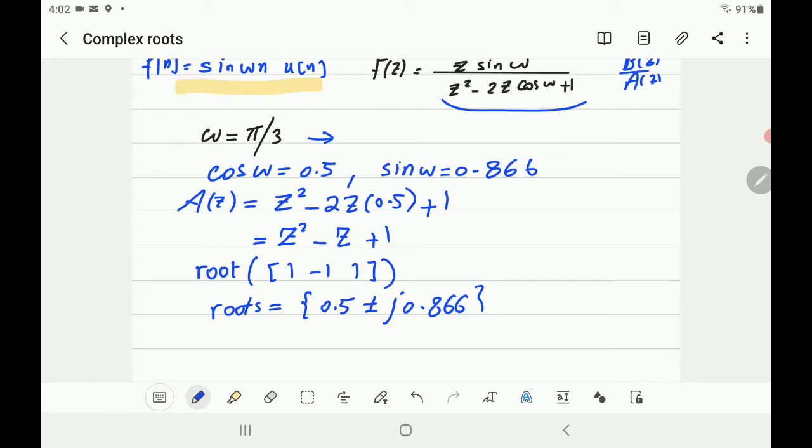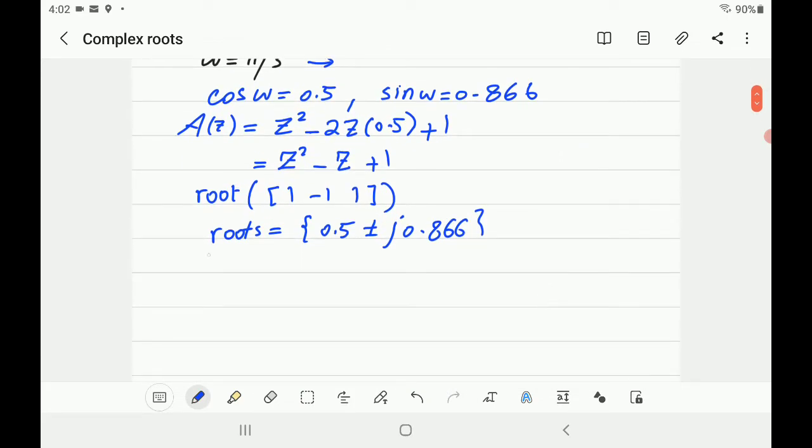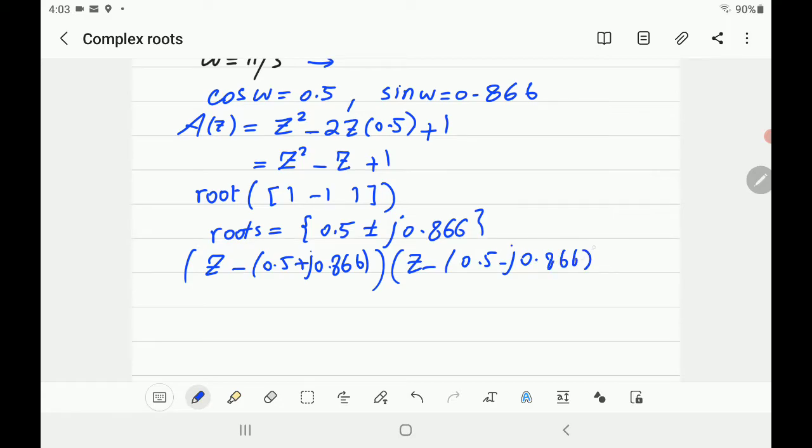So the roots of the denominator, 0.5 plus or minus j 0.866, correspond to the cosine and the sine of the angle pi over 3. It means if you say z minus (0.5 plus j 0.866) times z minus the other root, the conjugate (0.5 minus j 0.866), you are going to get z squared minus z plus 1.